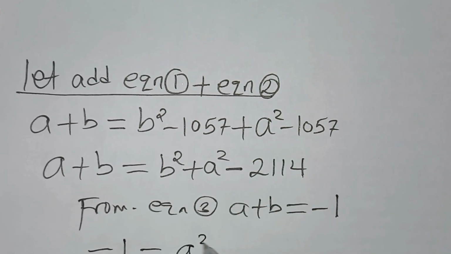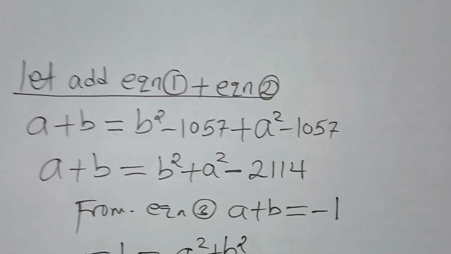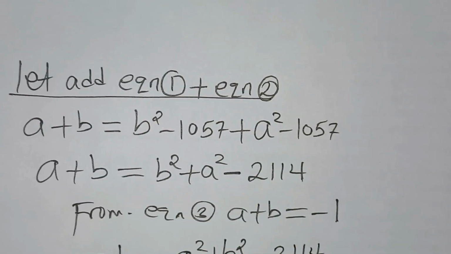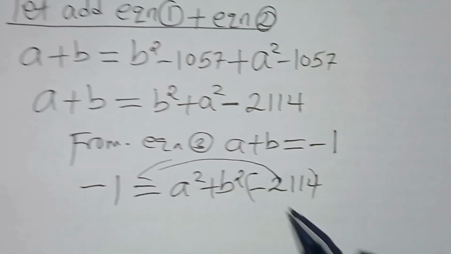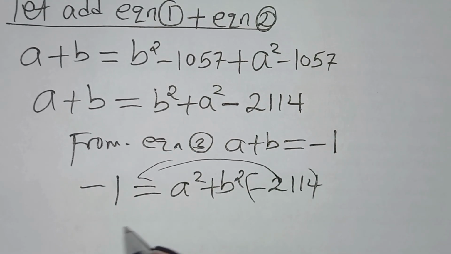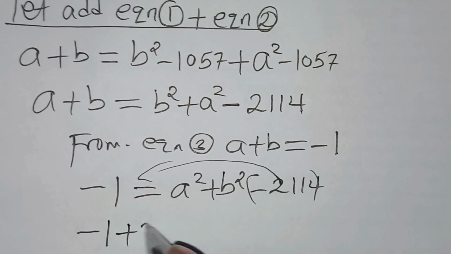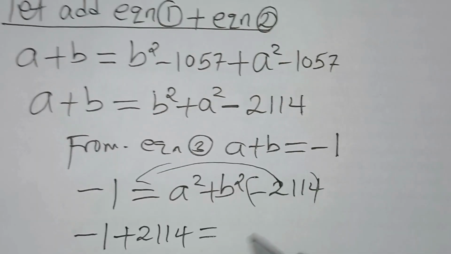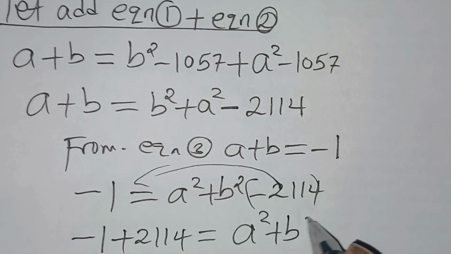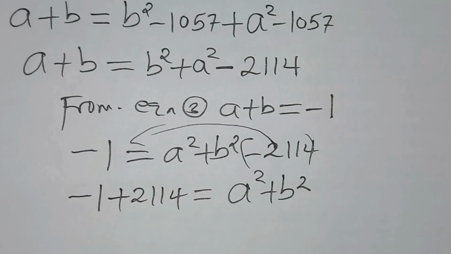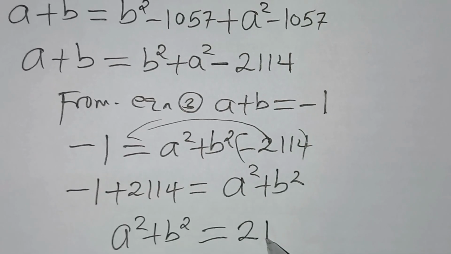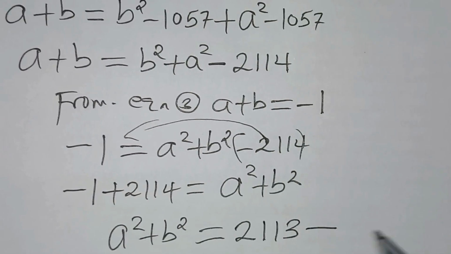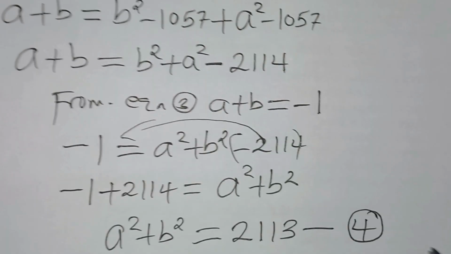This is equal to a squared plus b squared, subtract 2114. So let's take negative 2114 on the left hand side, so that here we'll have negative 1 plus 2114. This is equal to a squared plus b squared. So in this case, a squared plus b squared is equal to 2113. So let's call this equation 4.